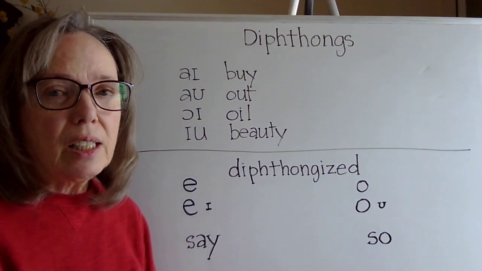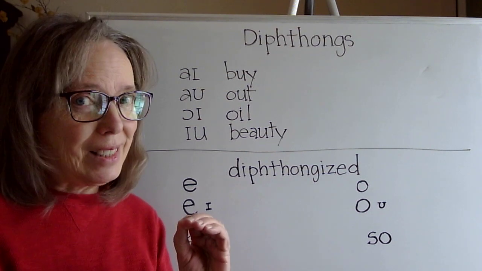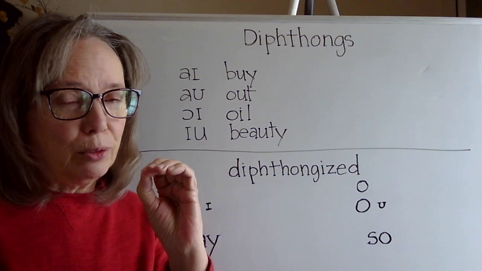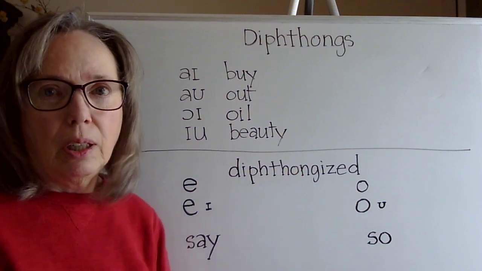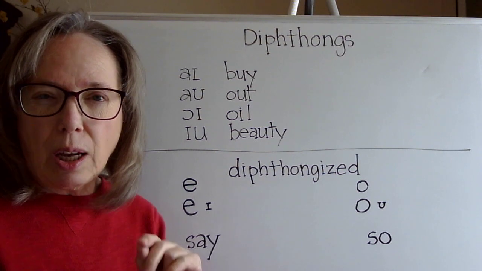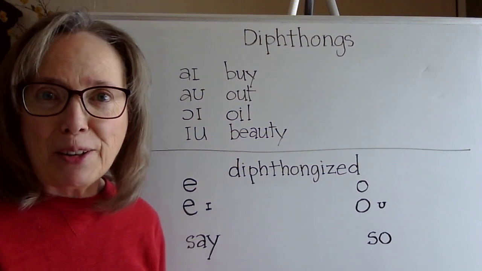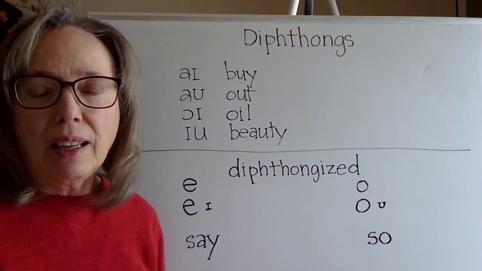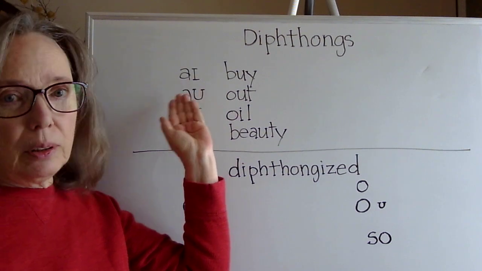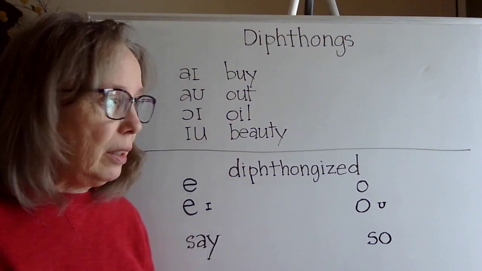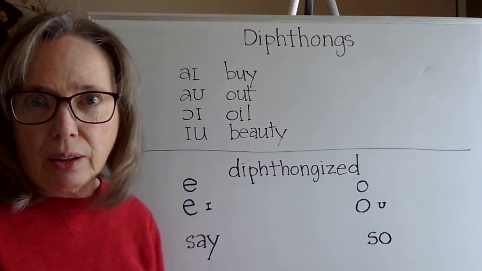The reason is that, yes, there is a second little vowel sound after this sound. The tongue goes up a little, but it's not enough to make a diphthong because these are equal in sound, but this is not equal. This sound is very, very small.